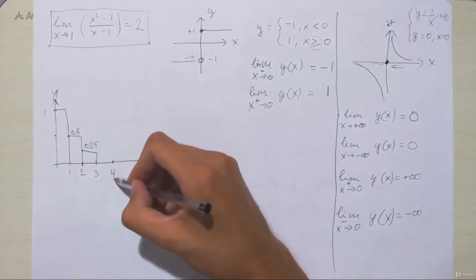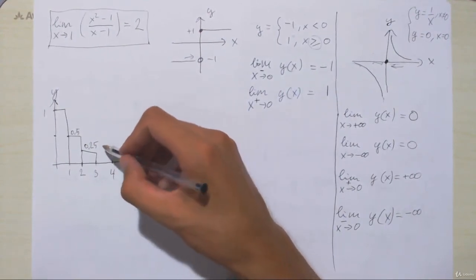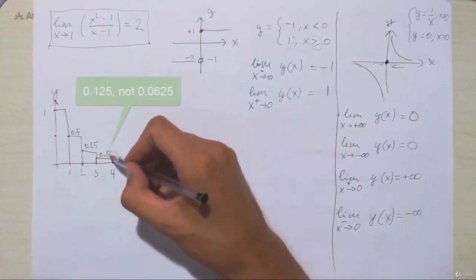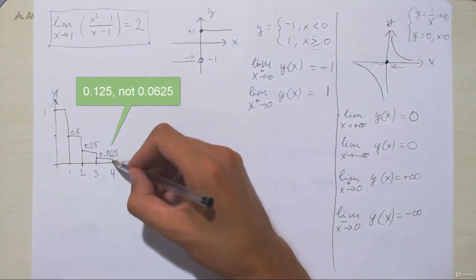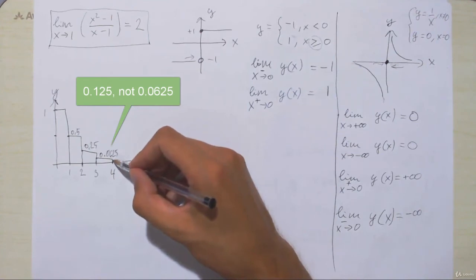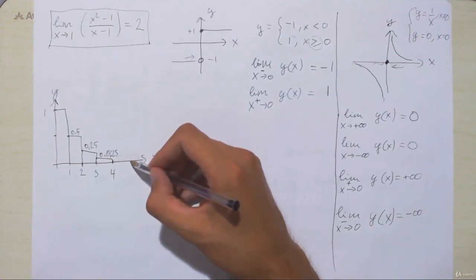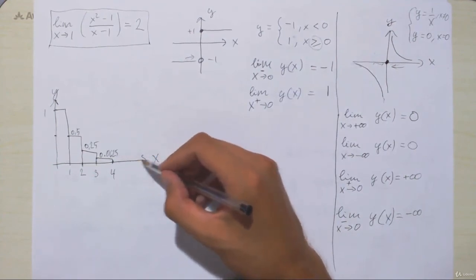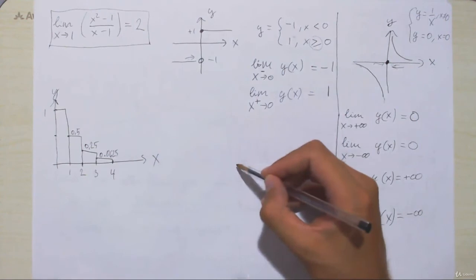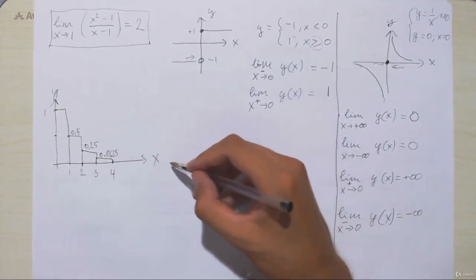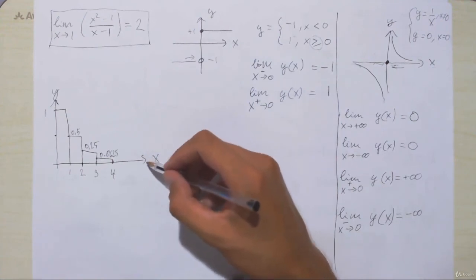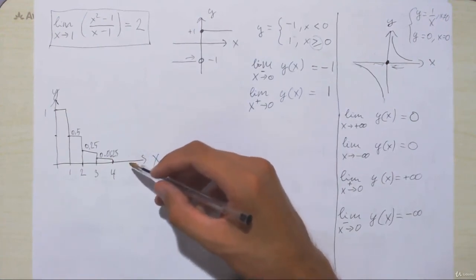For the fourth interval, I would take another half, which would be 0.0625. And I can go on and on, and I can always take half of the previous value, which means that I will never quite reach 0. But as x approaches infinity, the further and further I go, the closer and closer y approaches 0. So that's the intuition behind it.